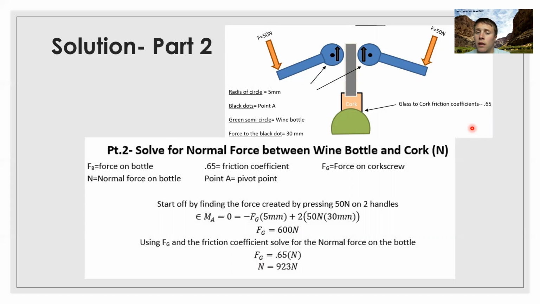So would increasing the cork to glass coefficient make the normal force greater or less in this problem? And then again, where you put your force on the 2 arms of this problem also can create a different problem and change up the numbers in the end.